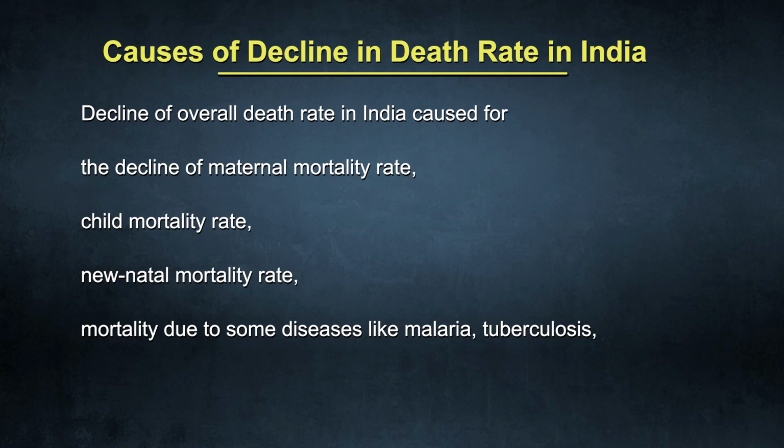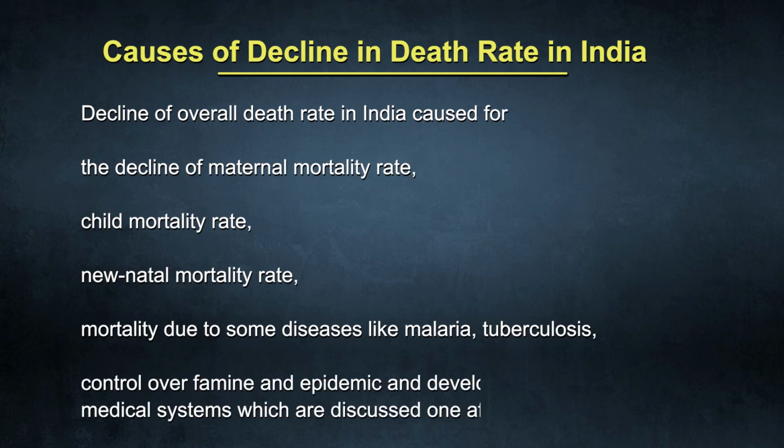And side by side, it is also equally important that during the course of time, the health service also extended for the people, and as a result, in our country, we have experienced a relatively low death rate. This figure helps us to understand the trend of the decline in maternal mortality rate.